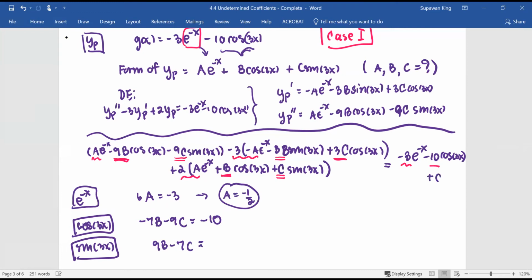So we can see this as 0 multiplied by sine of 3x. So the right hand side coefficient would be 0. So from these two equations, we are going to solve for b and c.